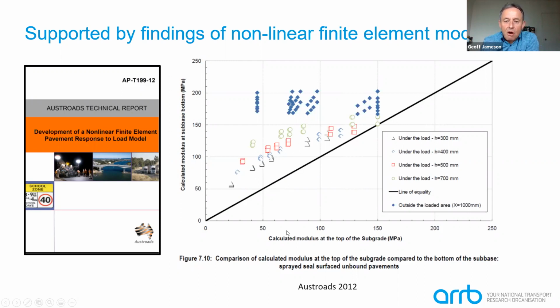And you can see the higher the calculated modulus in the subgrade in this finite element modelling, the higher the modulus of the subbase. So that provided us some reassurance that we're on the right track in terms of limiting the modulus assigned to the granular layers depending on the support provided by the underlying subgrade and also the granular thickness.